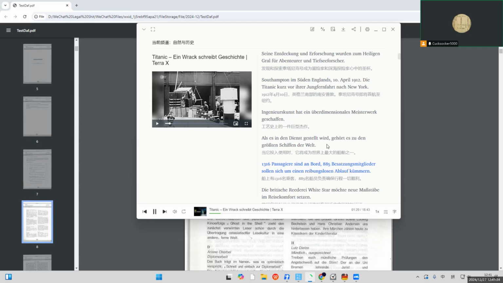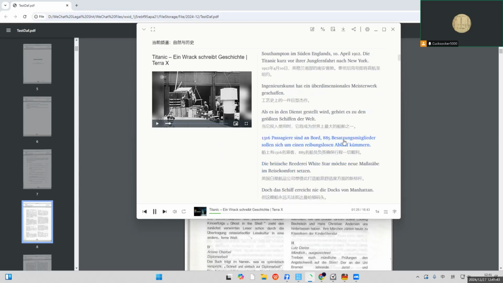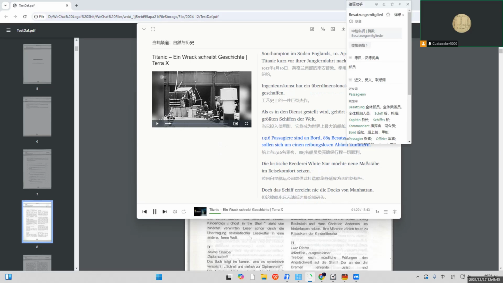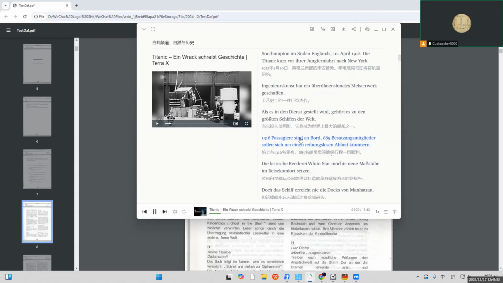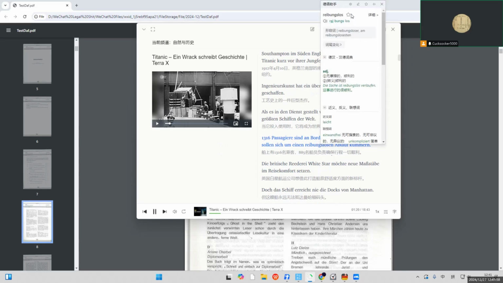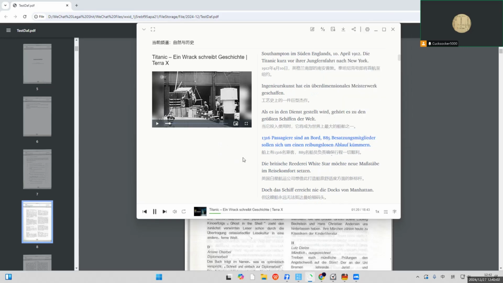On board. Yeah. I think the listening faculty for numbers in German isn't built yet. Besatzungsmitglied, and there are also new words in here. So this sentence is a difficult one. No wonder I didn't understand anything.